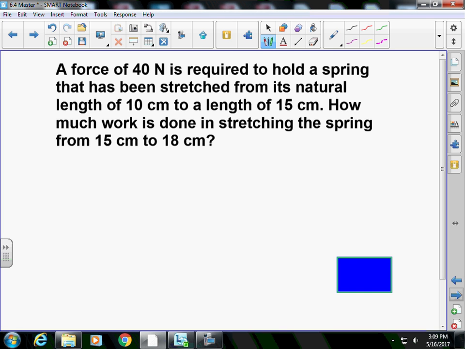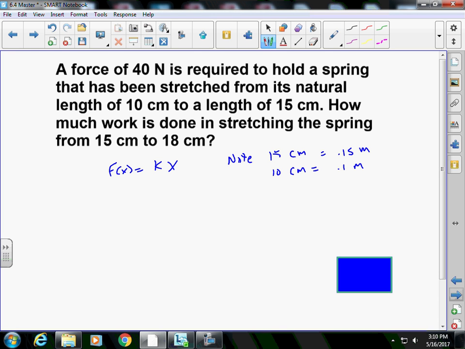So we don't know what that k is, but we do know that f of x is equal to some k times x. Note, 15 centimeters is equal to 0.15 meters. 10 centimeters is equal to 0.1 meters. We have to be able to convert these.